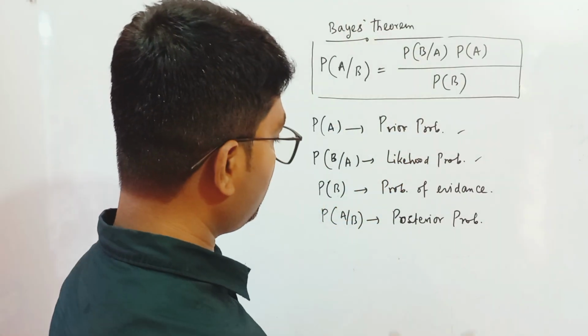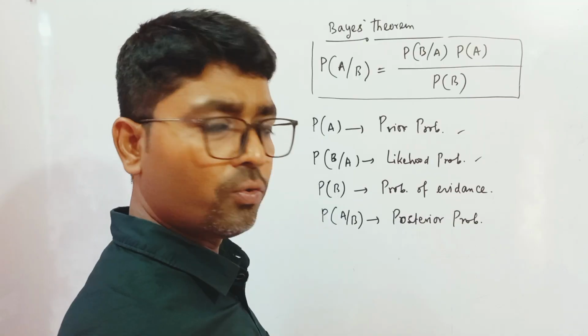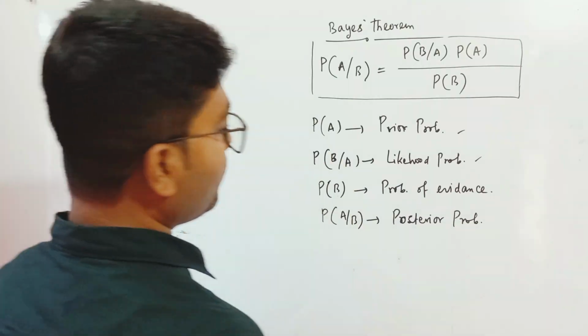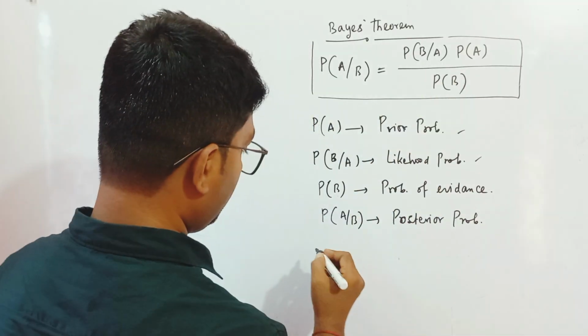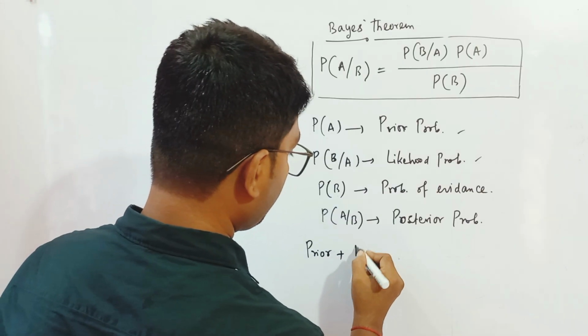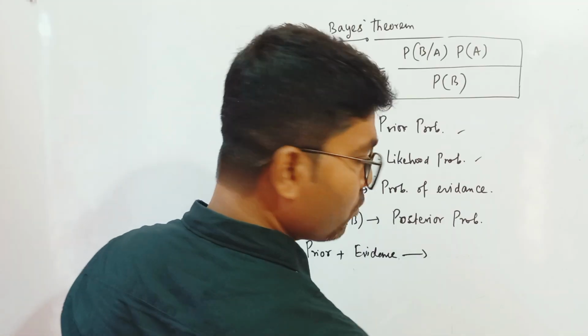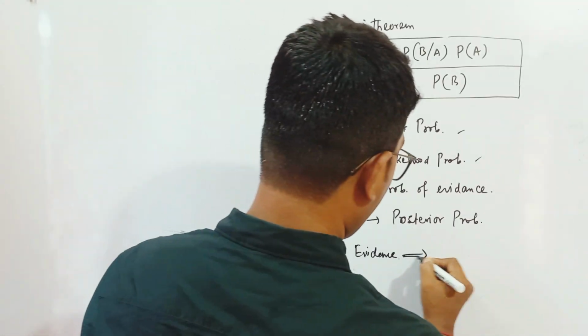That is, this is our updated probability. So, we can memorize it as prior probability plus evidence equals the updated probability.